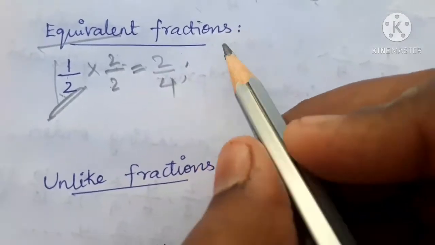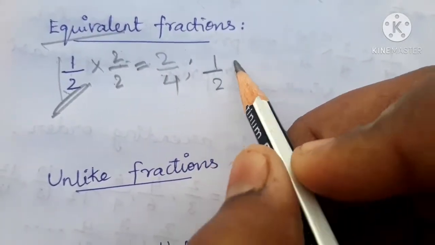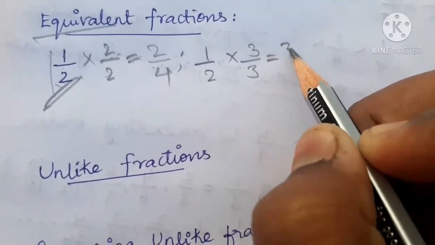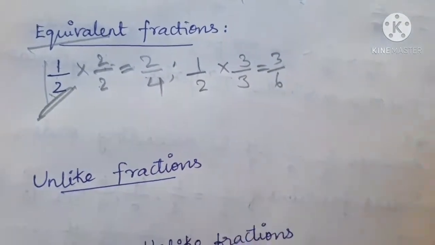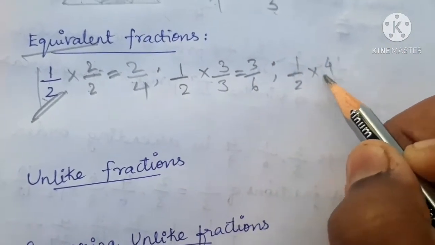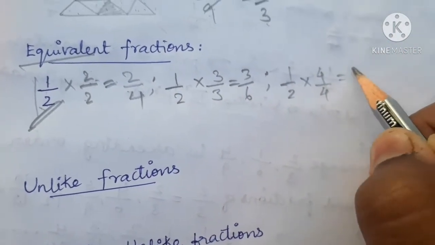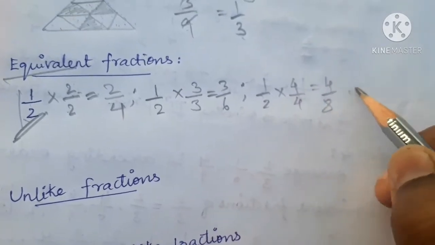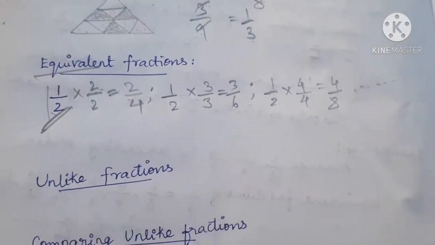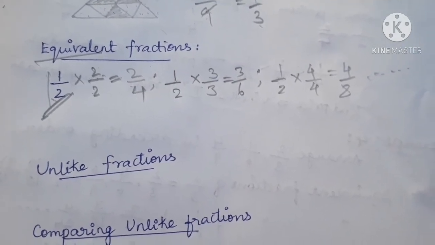Then if you want another, you should multiply by 3 and 3. You will get 3 by 6. Then another, if you want, 1 by 2 into 4 by 4 equals 4 by 8. It will go on till infinity. However many you want, you can find them by this method.